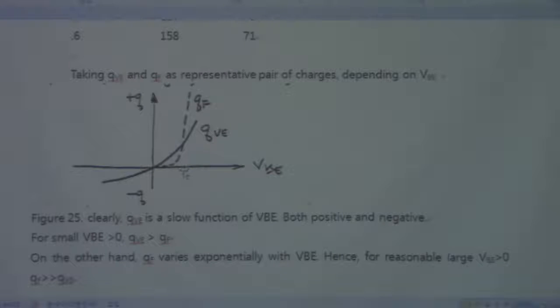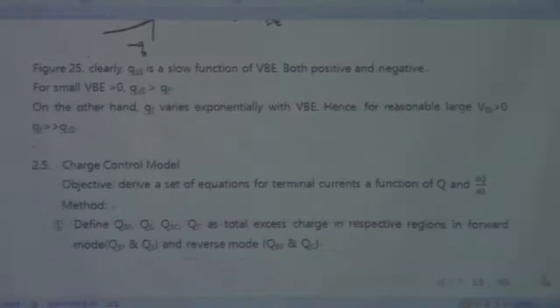So at small voltages the space charge dominates the whole process, but after a while, as the emitter-base voltage increases, the injected minority carrier charge controls everything. That is what we discussed in the last lecture.